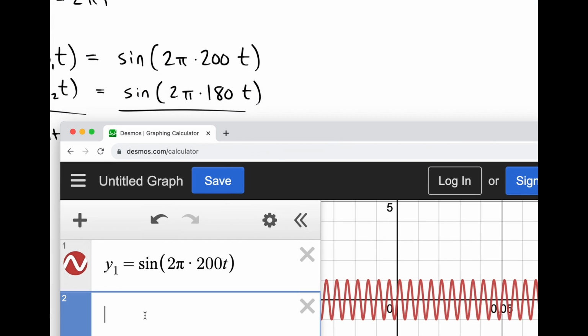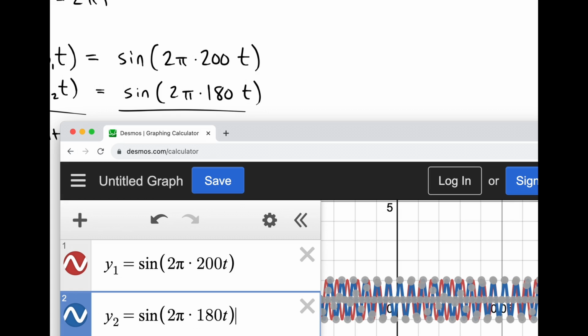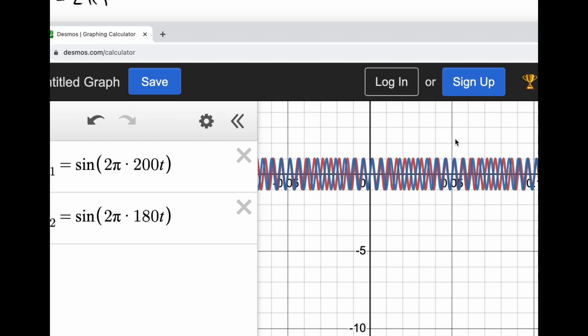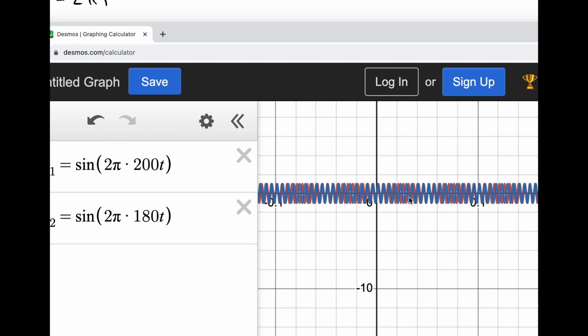Now let's type in a second wave, y2. When the waves are overlaid, we can see that there's a stretch where they're practically in sync, and then there's a stretch of time where they're out of sync.